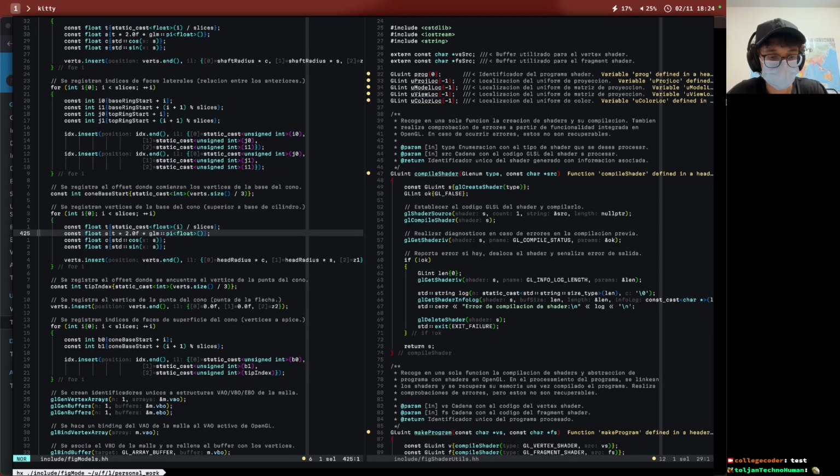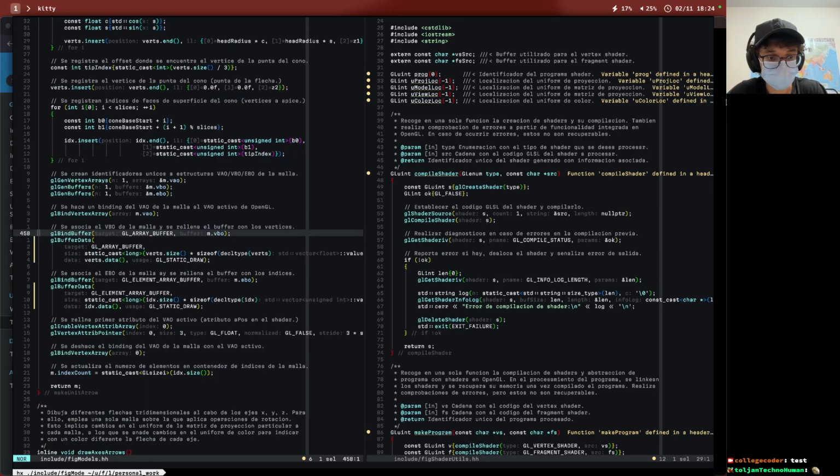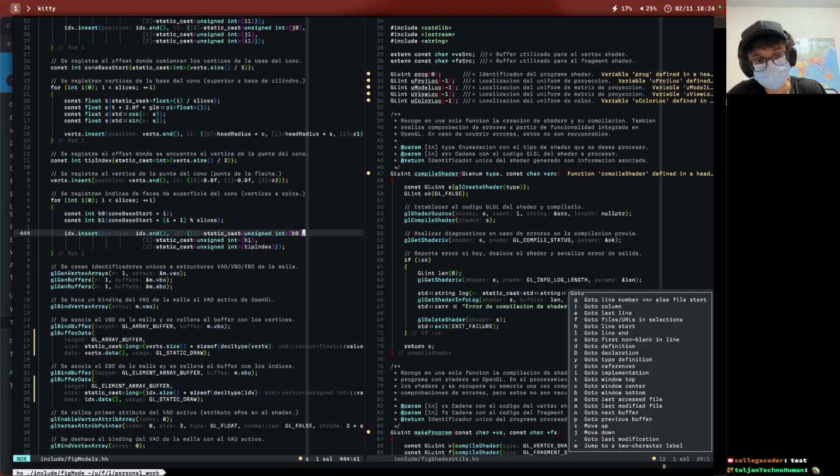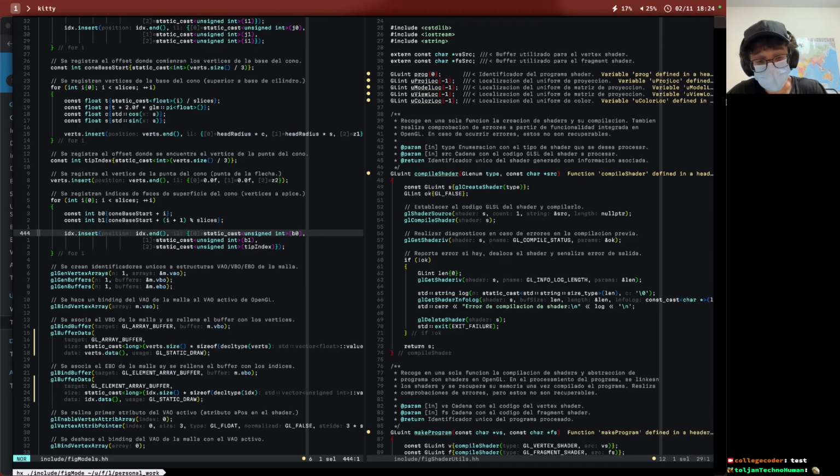It'd be nice if I replaced the cosine and sine functions of the standard library with... God damn it. Also, those casts to an unsigned int, technically they're cast to the value type of the IDX vector, and that's why I have to cast them.